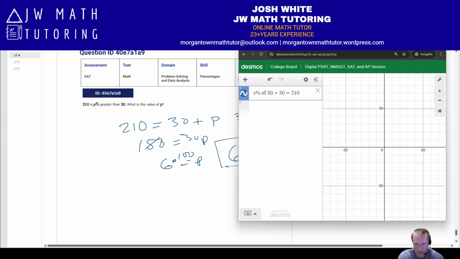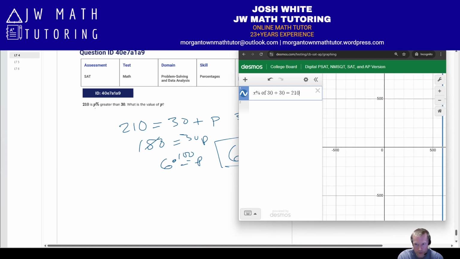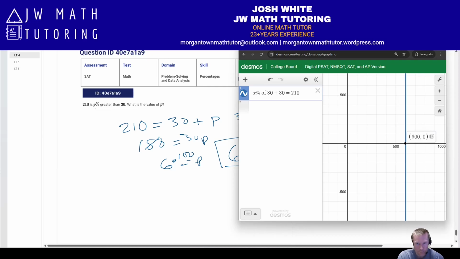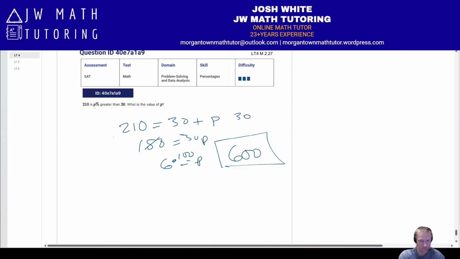Let's see if this gives us the correct answer. Yep, there it is. X%, so you have to remember, you can't use P. X% of 30 greater than 30, you could add the 30 in the front if you wanted to, equals 210. And notice this equation gives me a vertical line at 600, which is what we're looking for. It's basically already taken the p-value and converted it into its appropriate percentage, which is 600%.